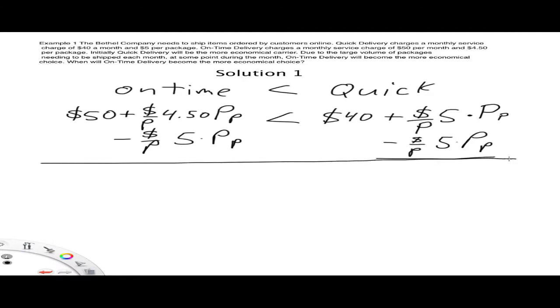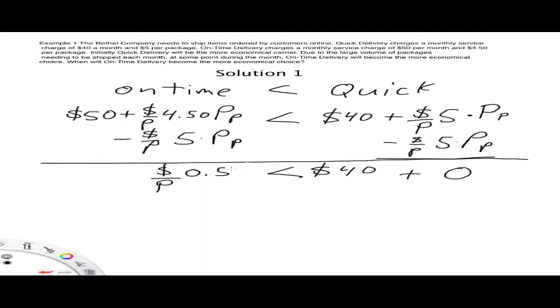So this is just going to be 0. This will be 40. It's still less than because I subtracted, didn't multiply or divide. And this is 450 minus 5 is just going to be 50 cents, but it's still dollars per package. 0.5 times P. I want to make sure as I do this I keep those distinct.